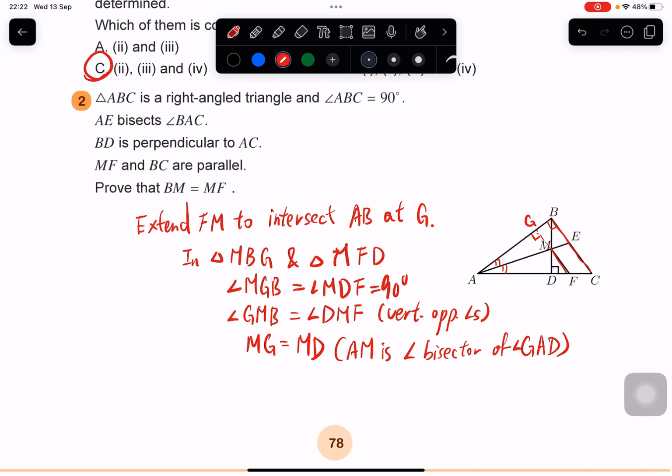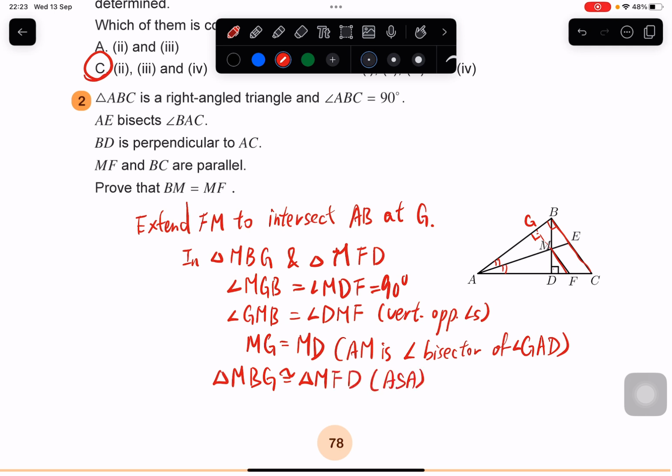sides. So now I have two angles and a side being the same. It's like angle, side, angle, so it's going to be an ASA proof. So you can see that triangle MBG is congruent to triangle MFD, and that's going to be ASA.